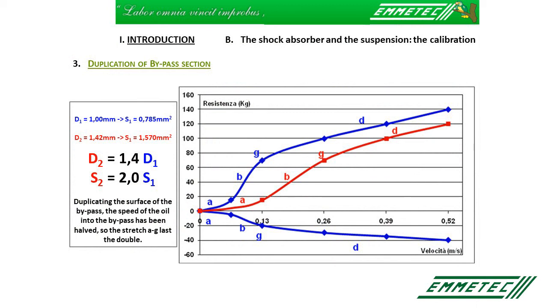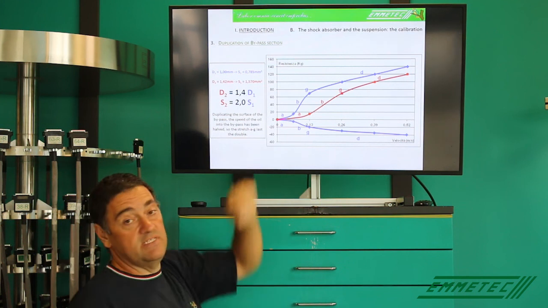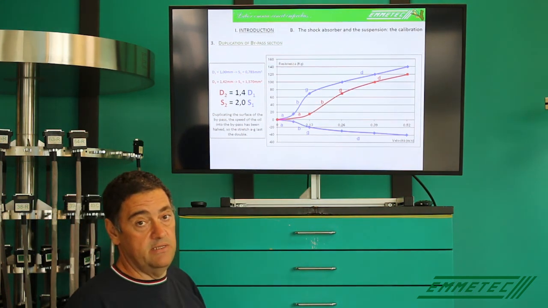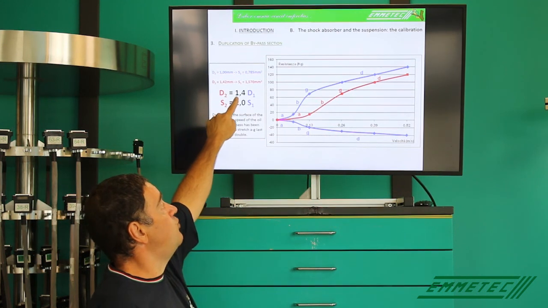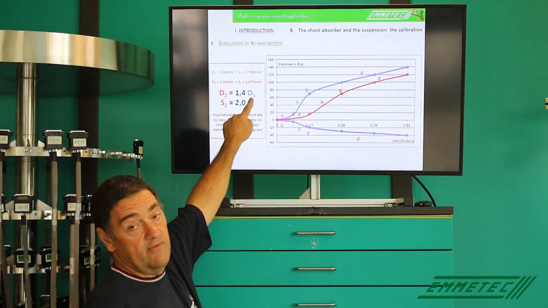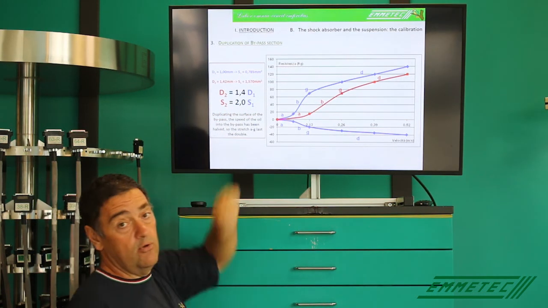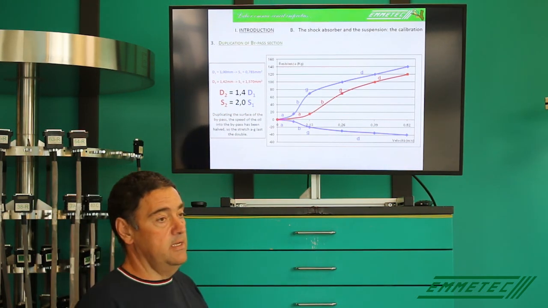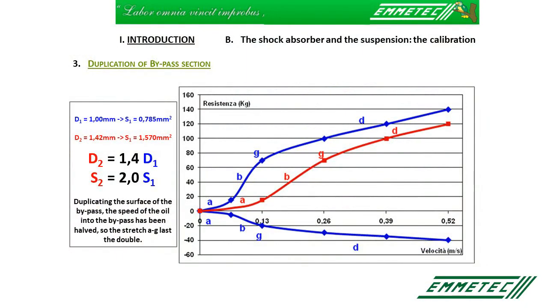In this way, the section of the new bypass will be 1.570 square millimeters. It means that if the new diameter is 1.4 times the original diameter, the new section will be double the original section. So the new bypass will be double the original one.